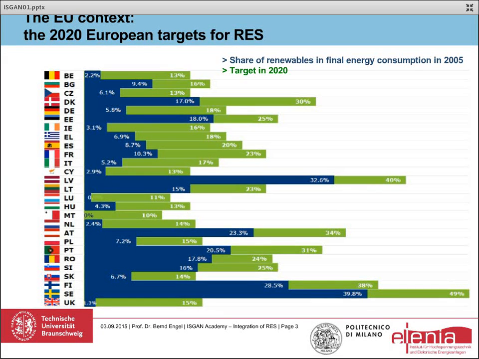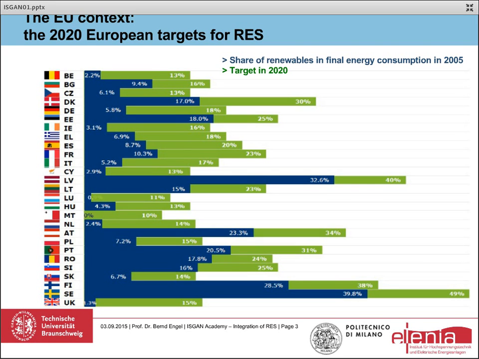So, as everybody knows, there are targets in Europe of the different member states for renewable energy sources, and the share of the renewable energy sources will increase very much in the next coming years.